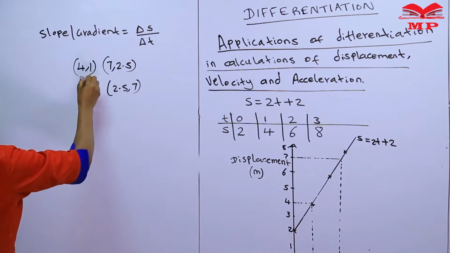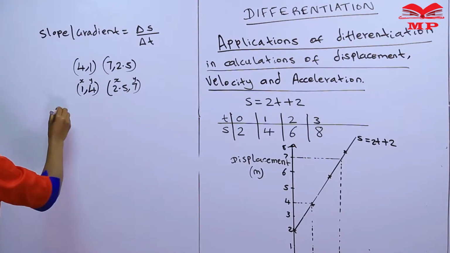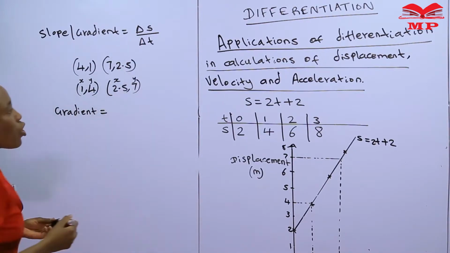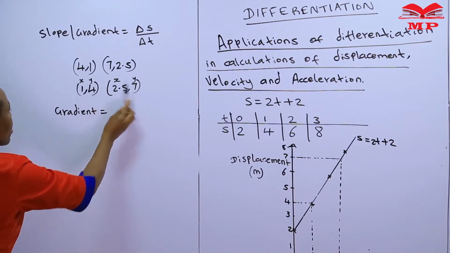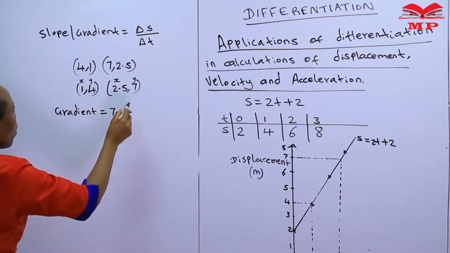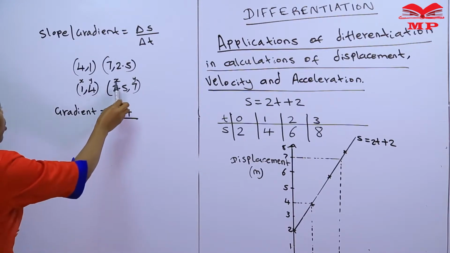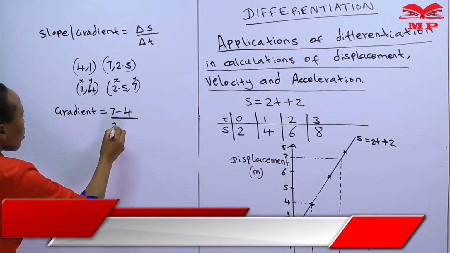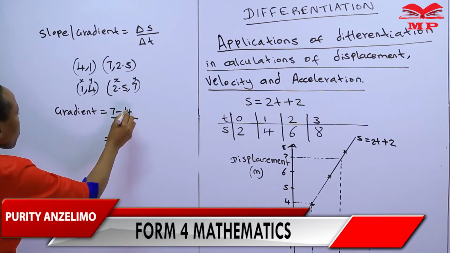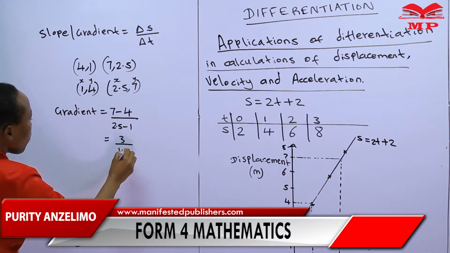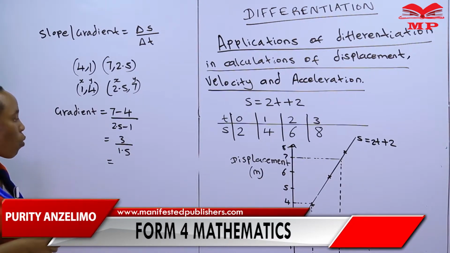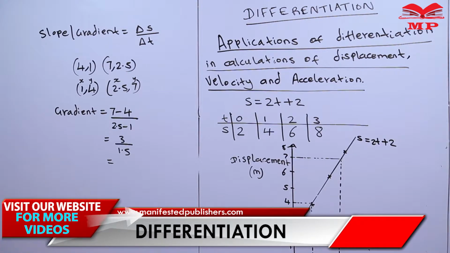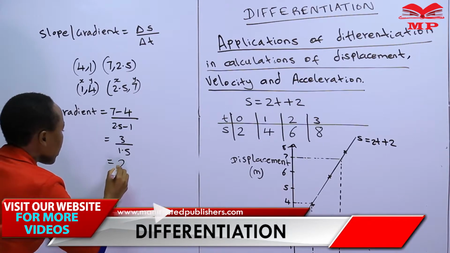So this is our x, y, and therefore the gradient will be given by the change in the displacement, which is on the y-axis, that is 7 minus 4, divided by the change in the x-axis, which is the time axis, that is 2.5 minus 1. So we end up getting 3 divided by 1.5, and when we divide 3 by 1.5, we get our gradient as 2.